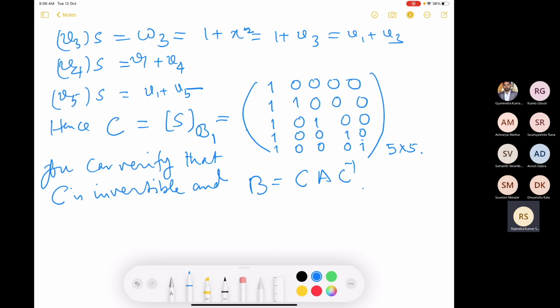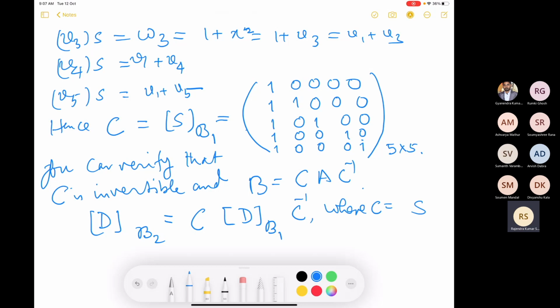So this is what it is, that the matrix of D with respect to the ordered basis B2 is C inverse times the matrix of D with respect to the ordered basis B1 times C, where C is the matrix of S with respect to B1. So this is one example that we had already seen.